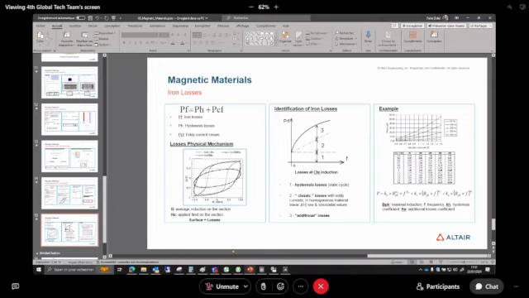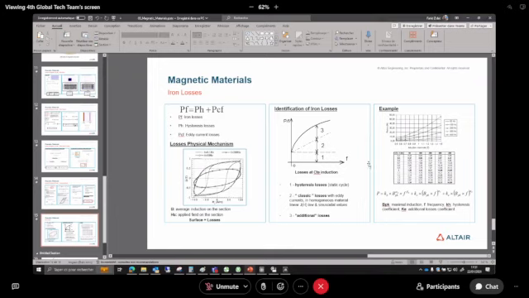So we have classical losses, which are due to the eddy current, then hysteresis losses, and, remaining in the Bertotti model, what we call additional losses, which are not physical ones, mainly due to fitting the model against measurement results.